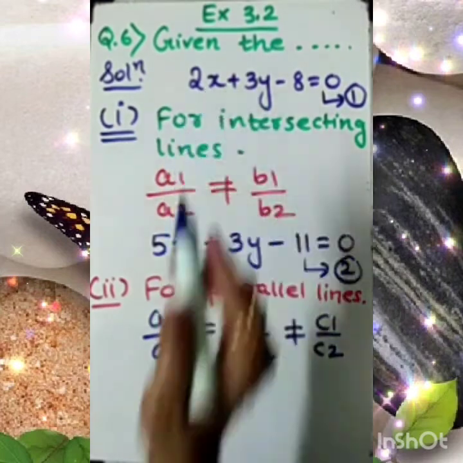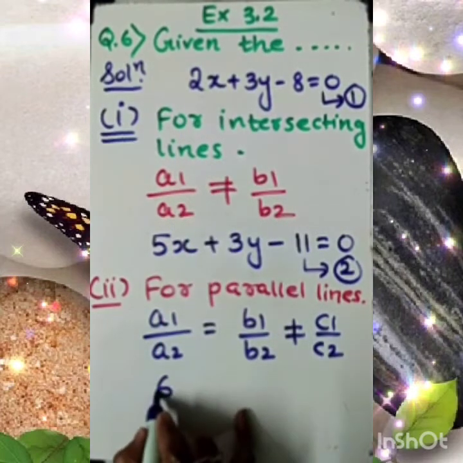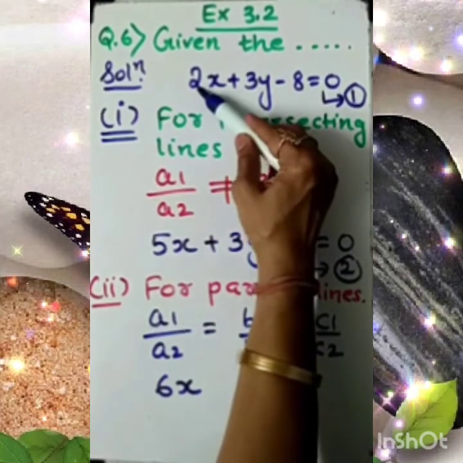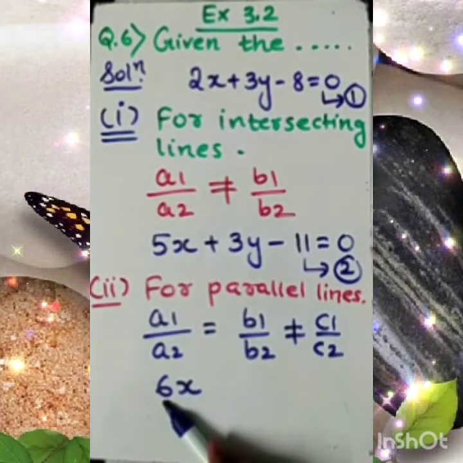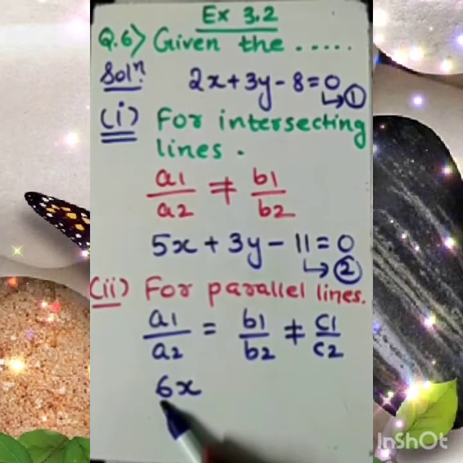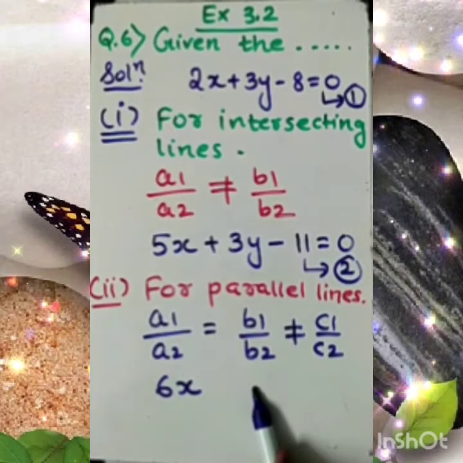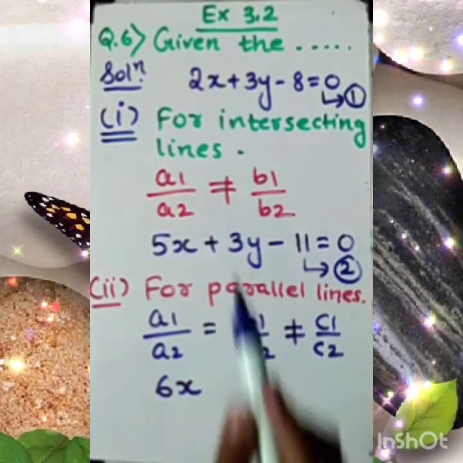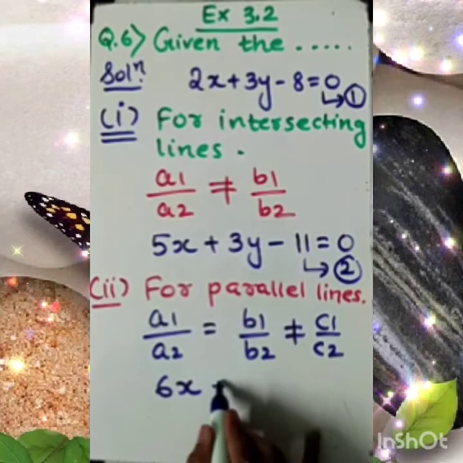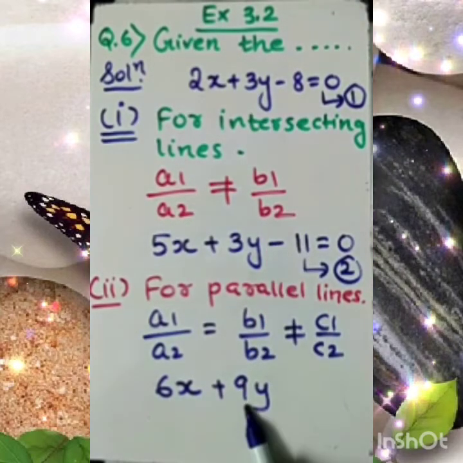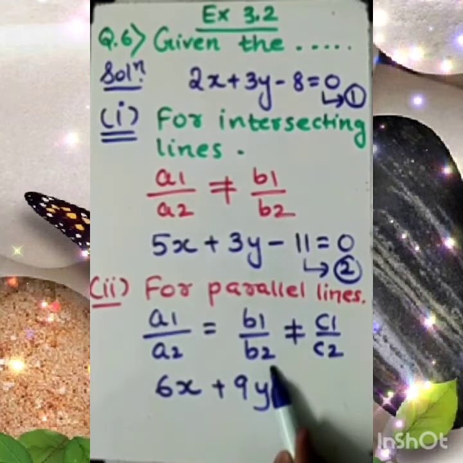Suppose here 2x we are given. I am choosing 6x here for the second equation. Then what will be the ratio of 2 and 6? If we divide 2 by 6, it gives 1/3. The same ratio should be here. So here it is 3, so of course I need to write 9, because you know very well 3 by 9 again gives 1 by 3.